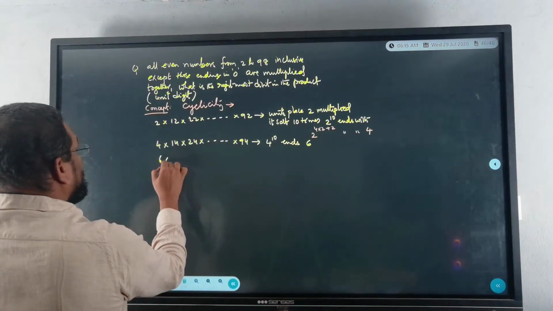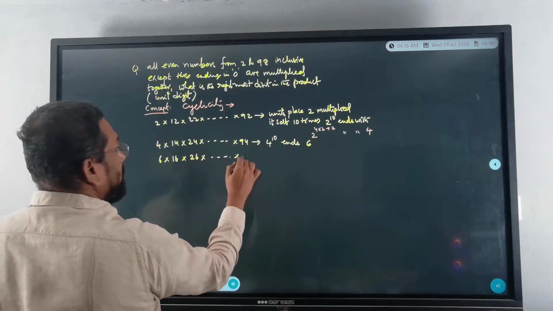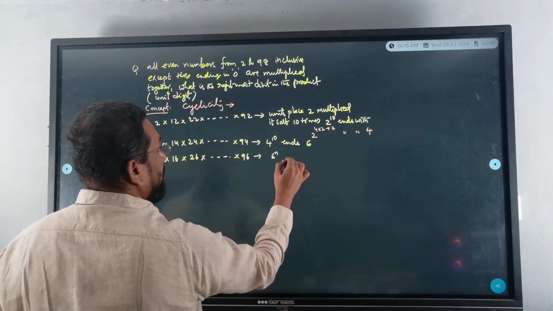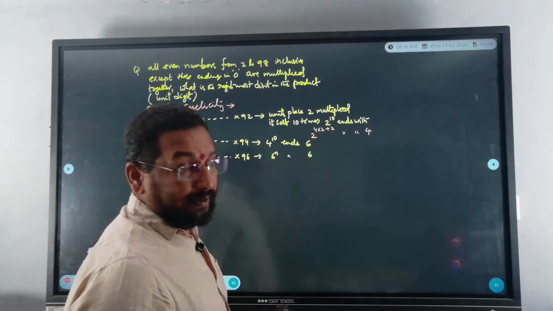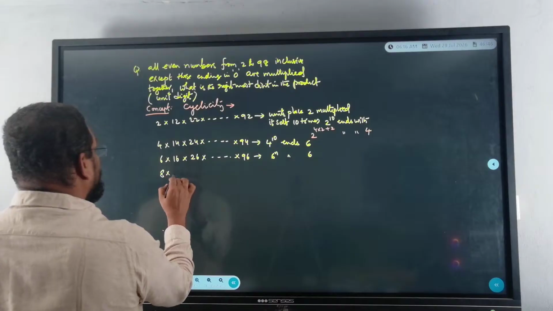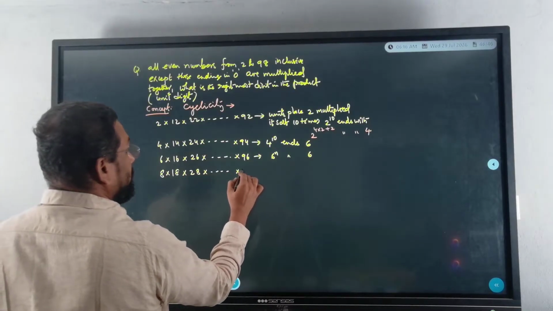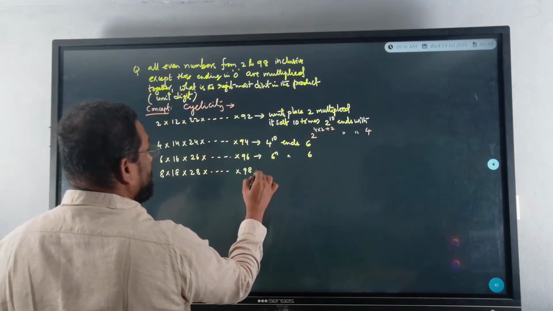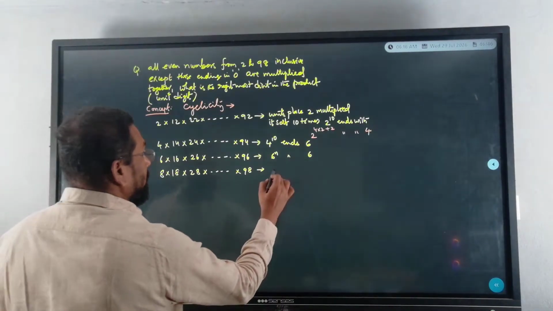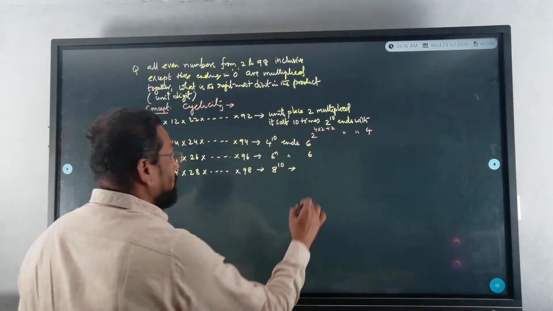Next 6 into 16 into 26 and so on into 96. 6 power n ends with 6. So 8 into 18 into 28 and so on into 98. So 8 power 10 ends with 4.